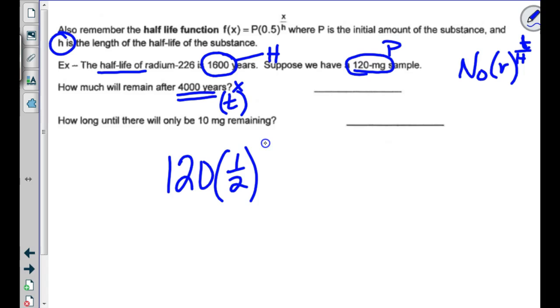It's normally t. So we have 4,000. Ugh, I can't write. Let's try that again. Over h, which is the length of a half-life, or 1600 years. See, guys, the idea is that it only takes half every time you hit a multiple of 1600. So we're not doing this very many times.